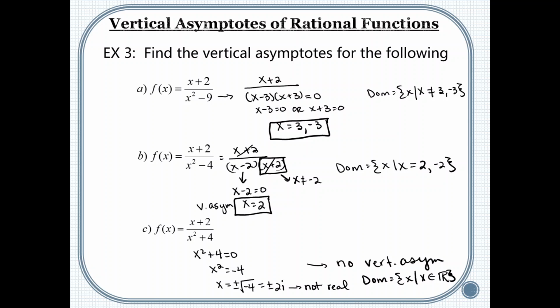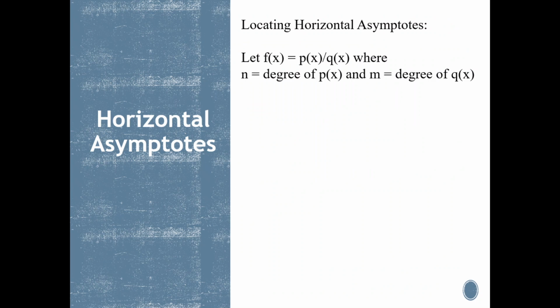All right, so that's vertical asymptotes. Rational functions can also have horizontal asymptotes. A horizontal asymptote is going to be y equals, because it's a horizontal line.